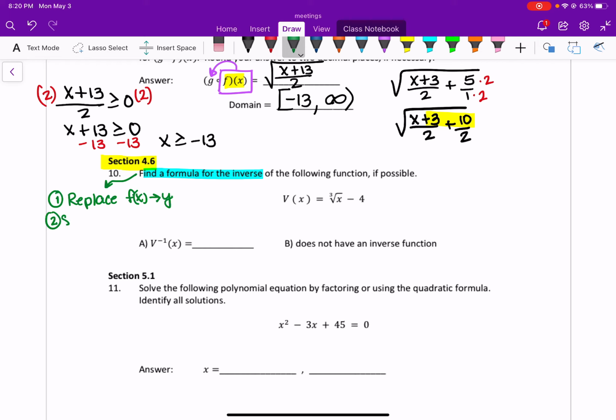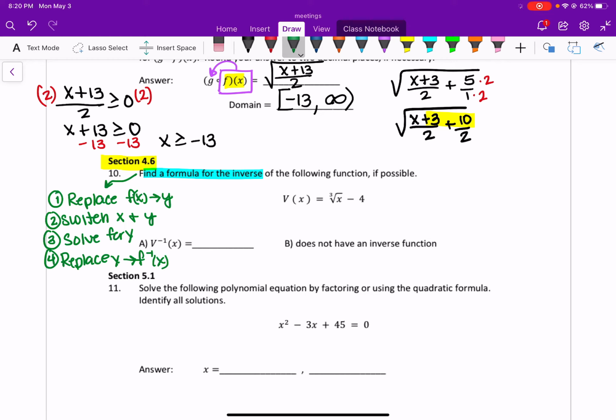Number 2, we switch x and y. Number 3, we solve for y. And then number 4, we replace y with f inverse of x.